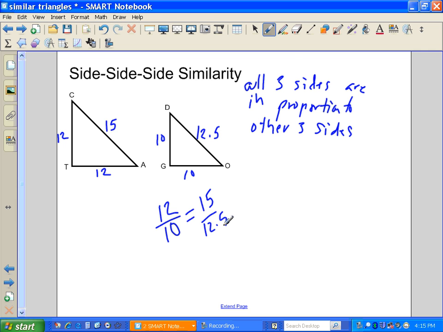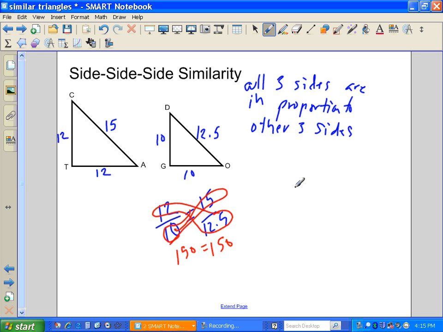To check this ratio, we're going to cross multiply. Let me get a different color here quickly. We're going to cross multiply: 12 times 12.5 is 150. And obviously 10 times 15, whoa, is 150. So since the ratios equal out when we multiply them, then we can confirm that these two triangles have side lengths that are in equal proportion.